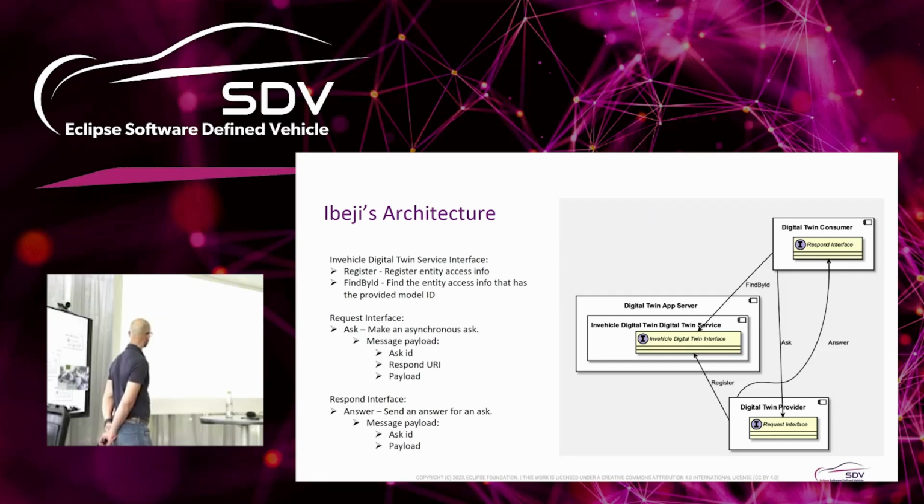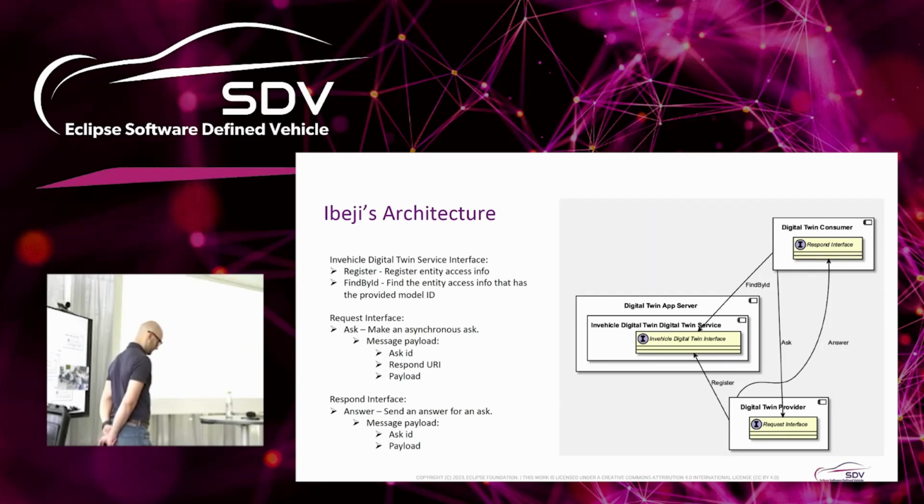What that service does is it allows us to map digital twins to their access information, all right? There's a find by ID operation on its interface, which allows you to take a model ID and then find the access information for all digital twin instances that can provide that, okay?